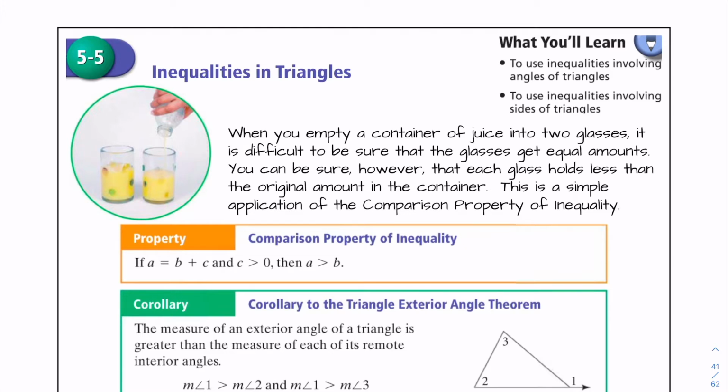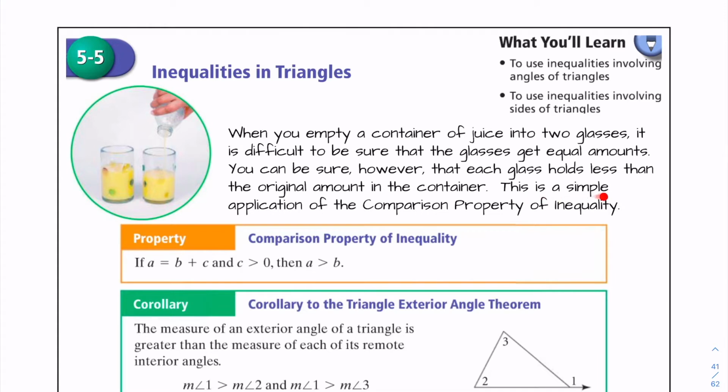But here's what you can be sure of: each glass holds less than the original amount in the container you initially poured it out of. So if this had 10 ounces and you put 5 and 5, these each still have less than 10. Or what if you poured 4 and 6? It's still less than the 10 that was in the initial.